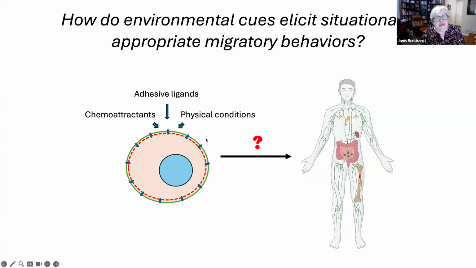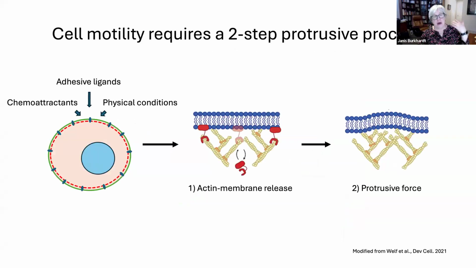They have to move lots of different ways. So really, in order to do this, they have to interpret cues from chemoattractants, adhesive ligands, and the physical nature of the milieu itself to really adopt their migratory mechanisms appropriately. And so that's really the question we're focusing on in the lab today: how do these different environmental cues elicit situationally appropriate migratory behaviors? And if you think about this from a cell biological perspective, it really boils down to two basic processes, because we know that in order for cells to migrate, they have to undergo shape changes and generate protrusions.